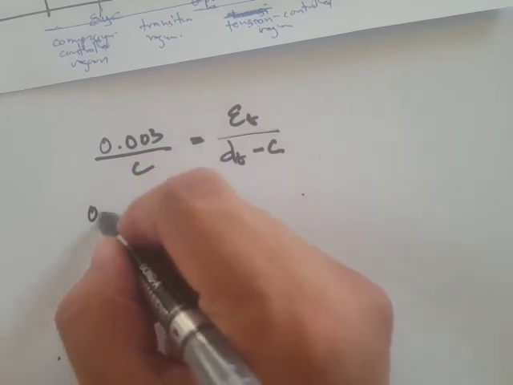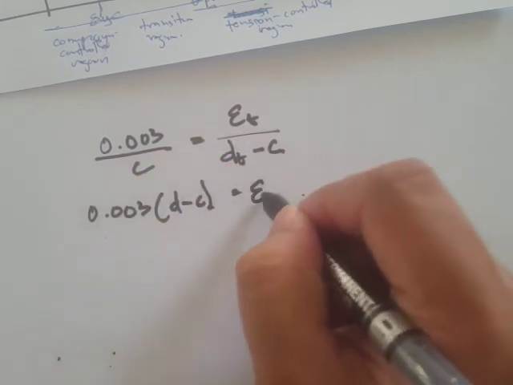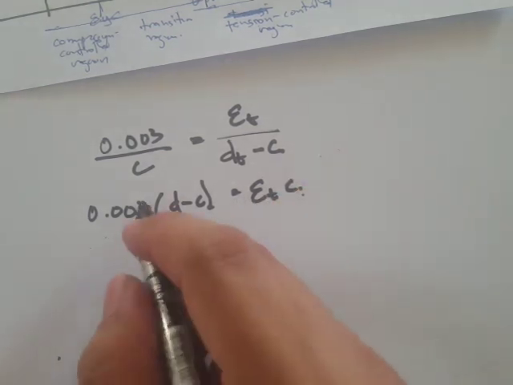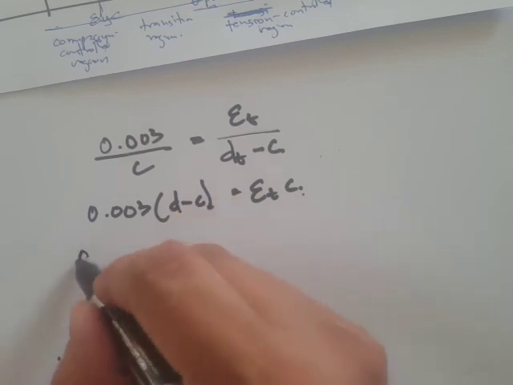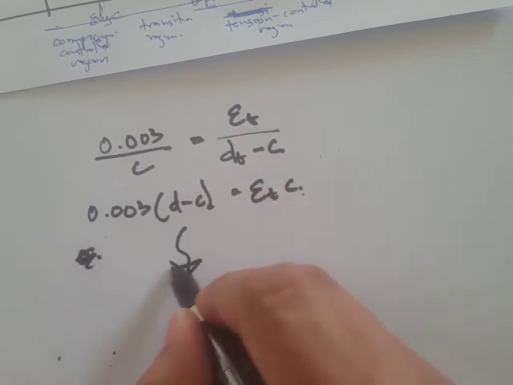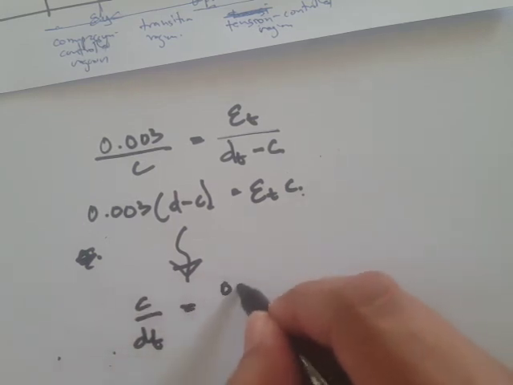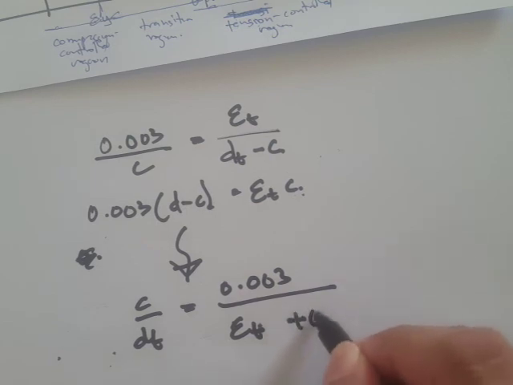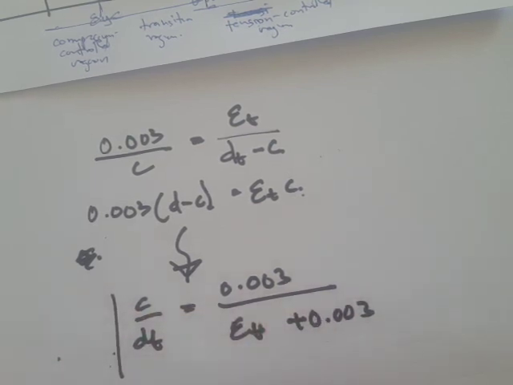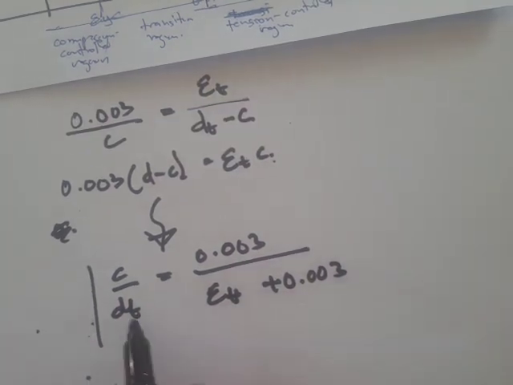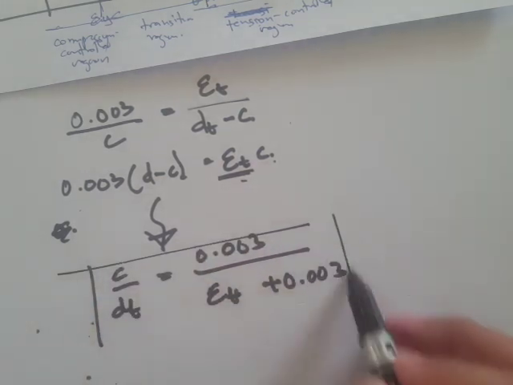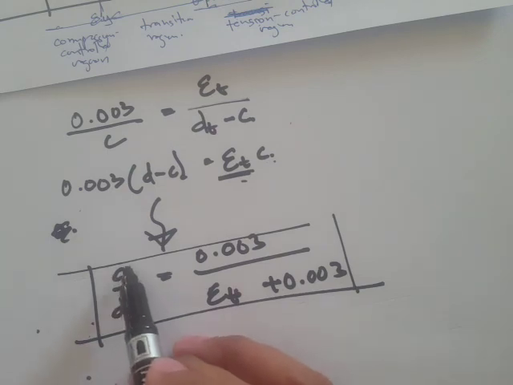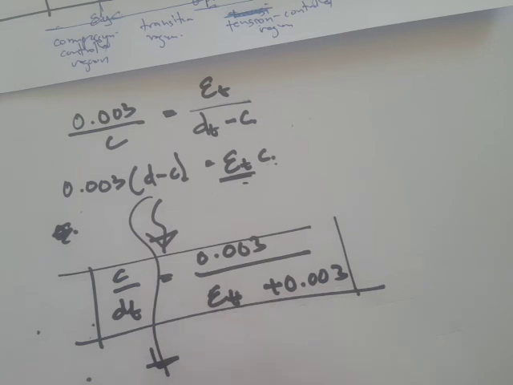Now if we cross multiply and rearrange, we get the strain in the extreme tension steel as epsilon sub t equals 0.003 times (d minus c) all over c.